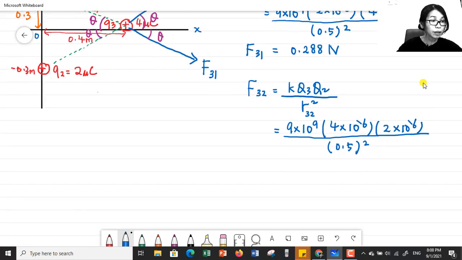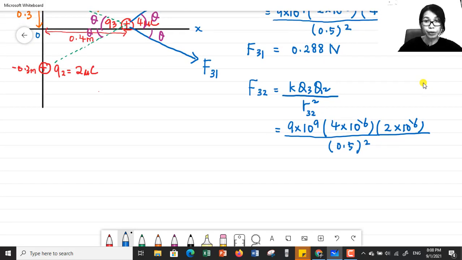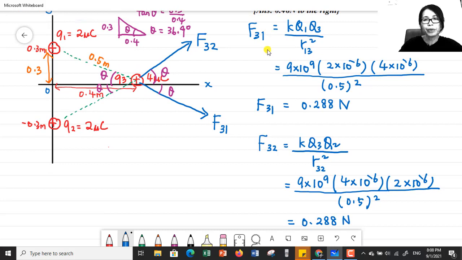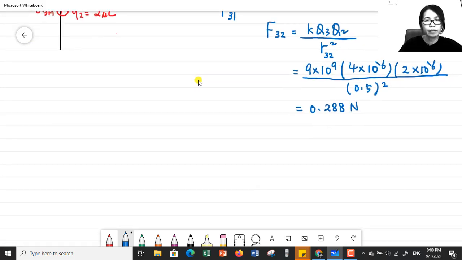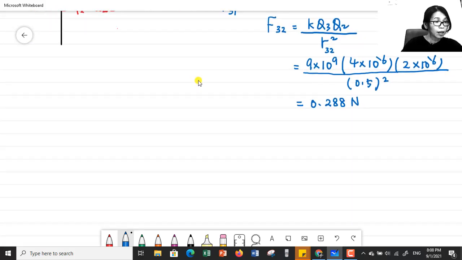So when we do the calculation, we will get F32 will be 0.288 Newton. Okay, so after we already get F31 and F32, the magnitudes of the forces, we are going to add them back.